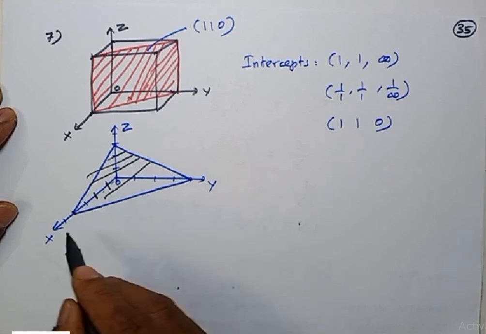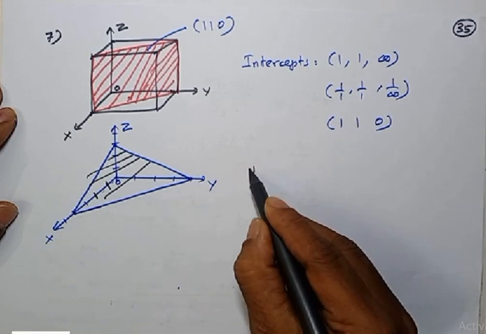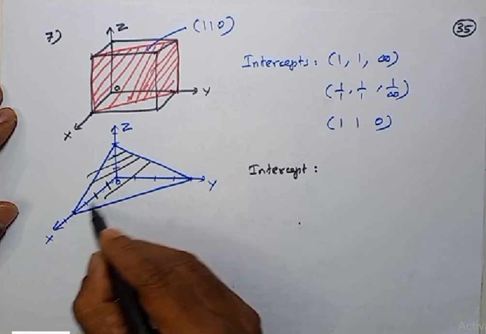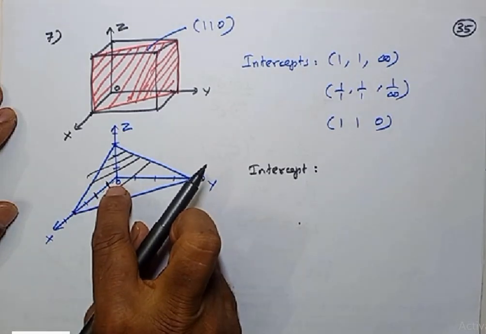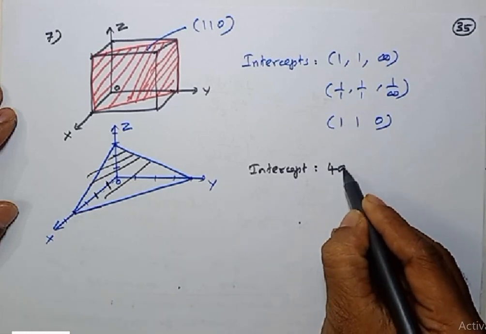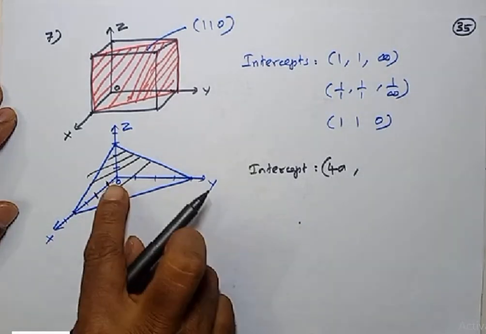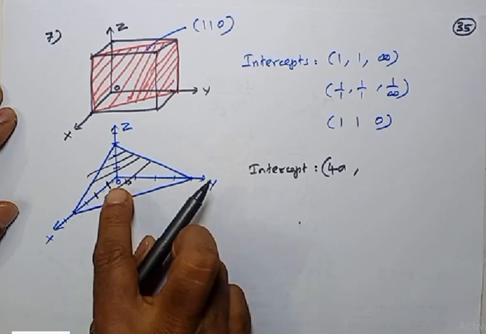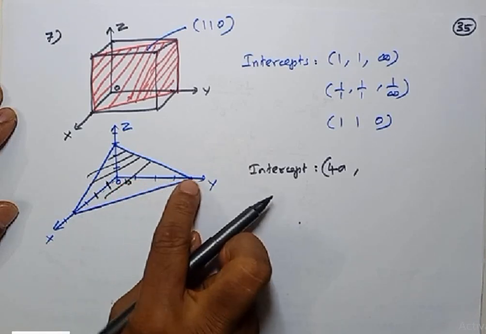Along the x-axis the intercept, let me write here. Along the x-axis, suppose the unit intercept is a, then it is 4a. Along the y-axis, if the unit length is b, here I have 1, 2, 3, 4, so 4b.